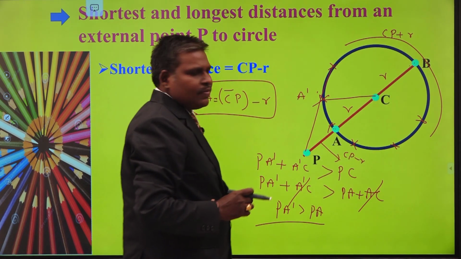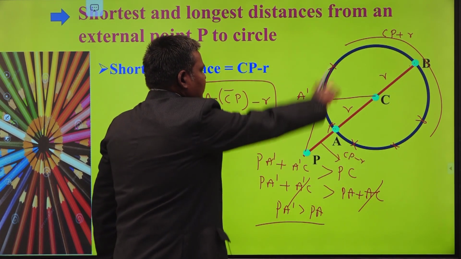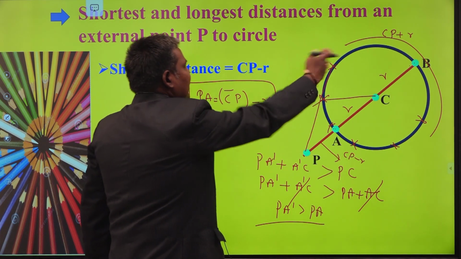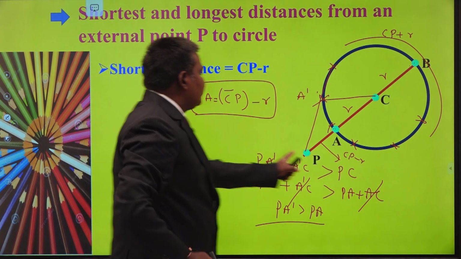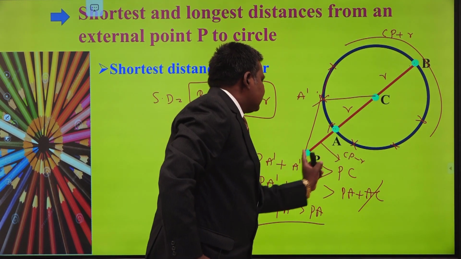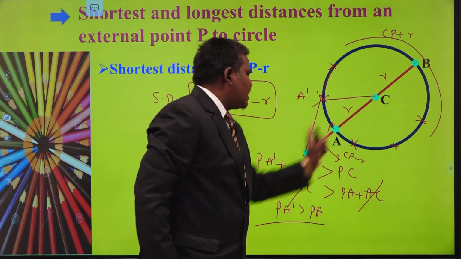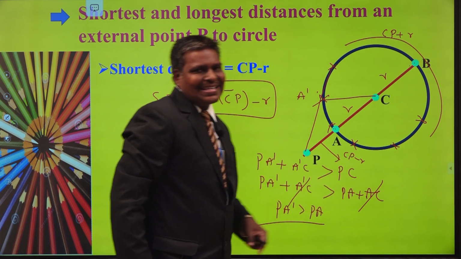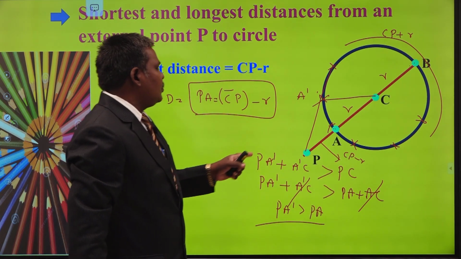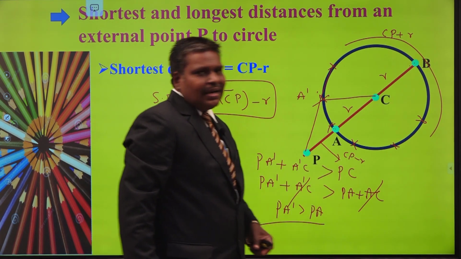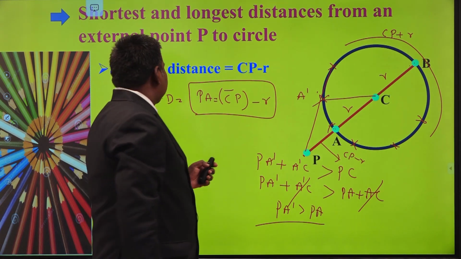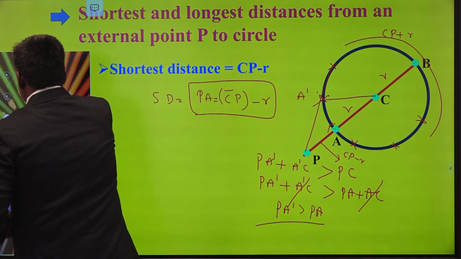You know the ratios very well. The point B divides the line segment PC, and B is outside of the segment. That is why we have to apply the external formula. What is the ratio? CP plus R is to R externally. Understand?